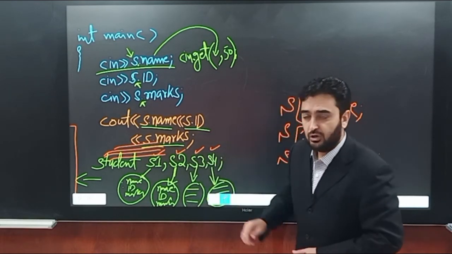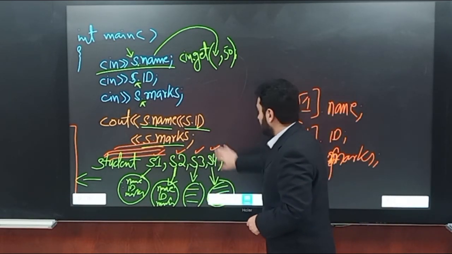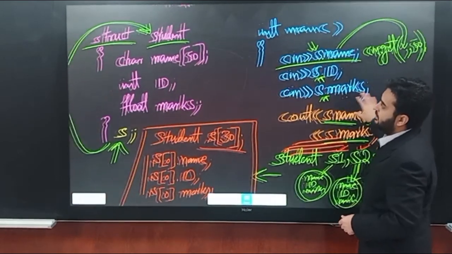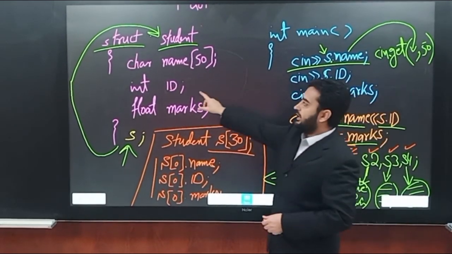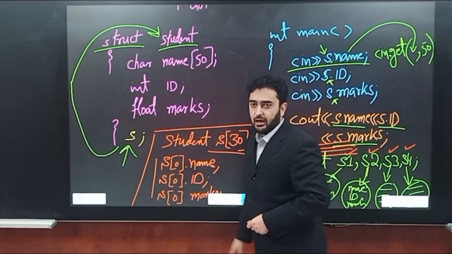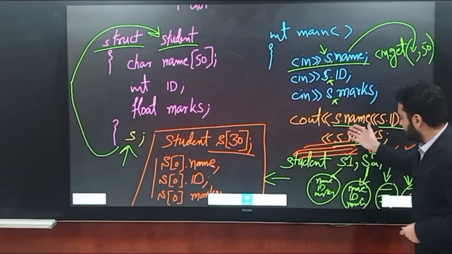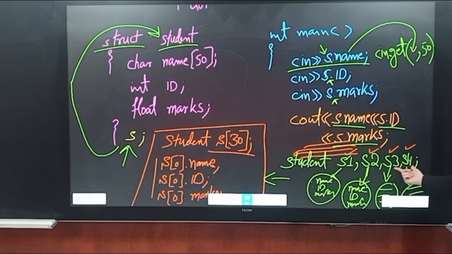Therefore we have declared a structure for the properties of the student, and then through this structured data type we have used different variables so that we may assign values to the properties of different students.